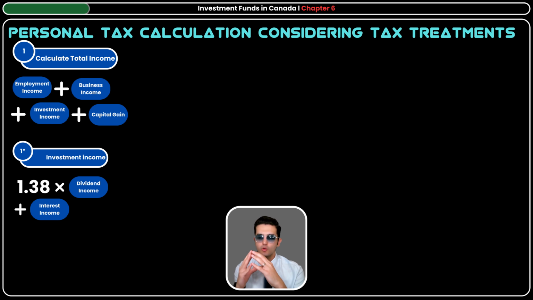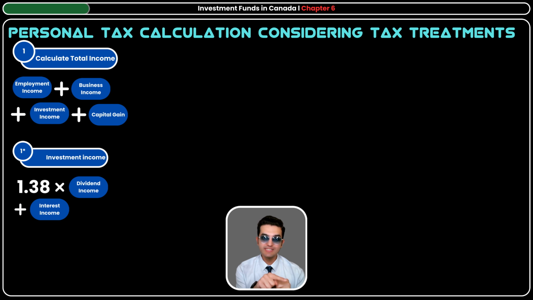You need to fully report your interest income. There is no tax treatment on interest income. This is a very, very important point. There is no credit and no deductibility on interest income.